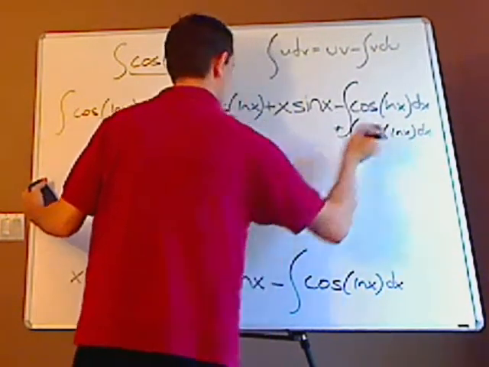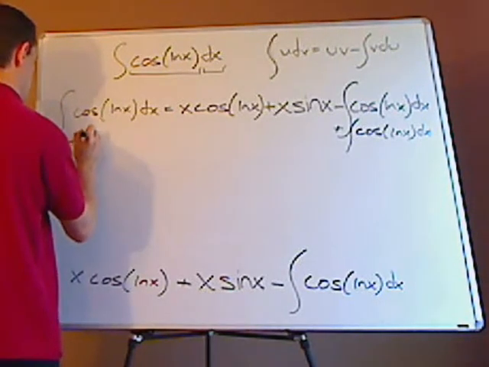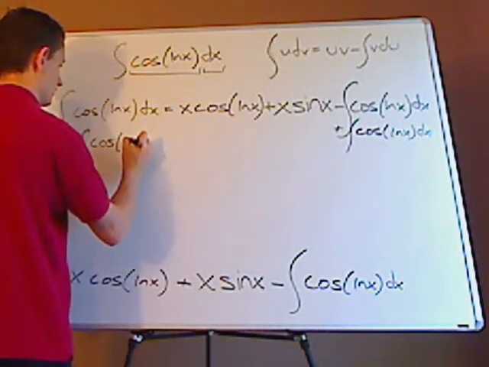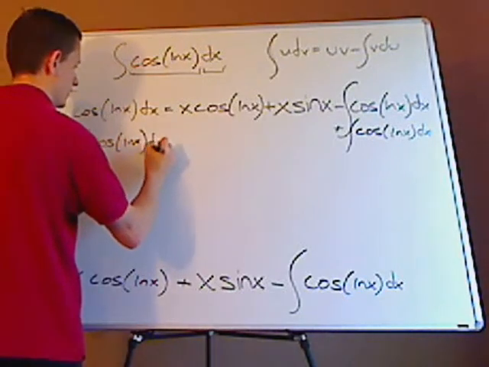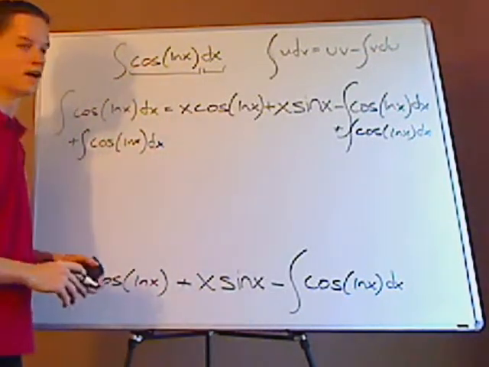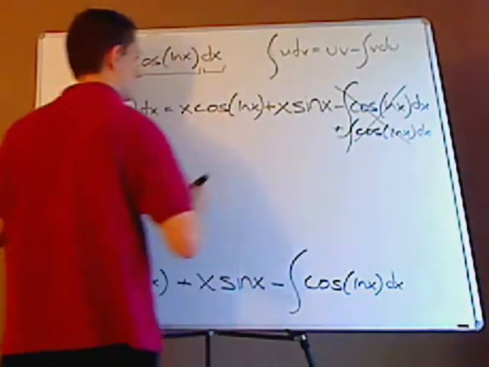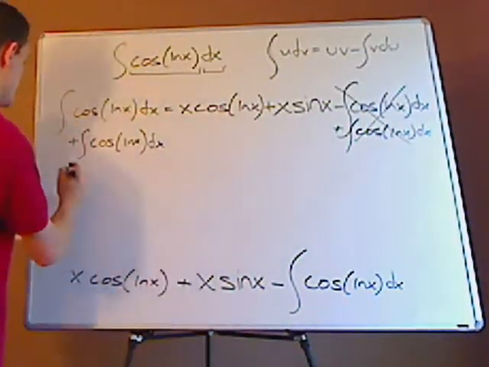Now it looks weird, doesn't it? It's not something that you're used to doing when you're integrating. But it's something that you've already done algebraically. So this cancels out with this. This adds up to 2.